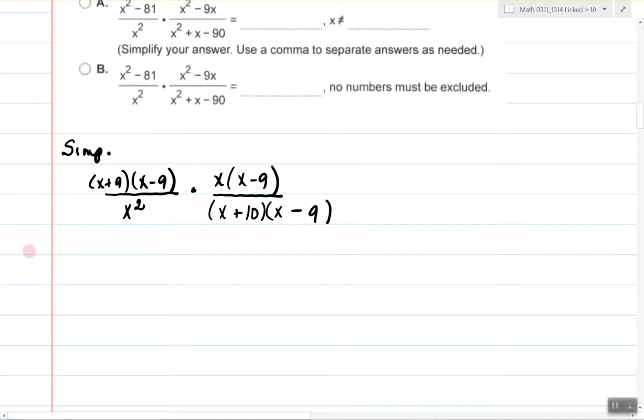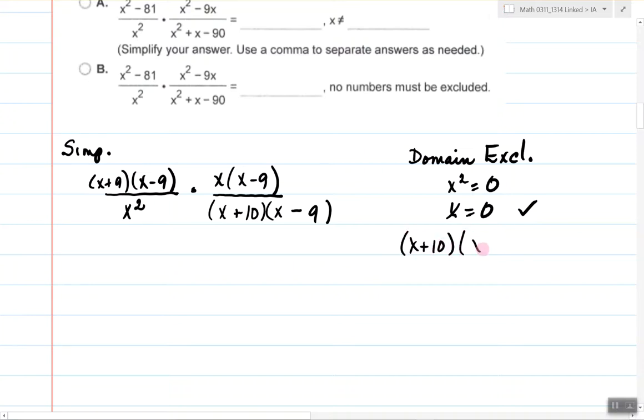Before I go any further, I stop for the domain exclusions. The first one, if x squared is 0, the only thing that makes that true is x is 0. That's a domain exclusion. For the second denominator, I have x plus 10 times x minus 9 equals 0.